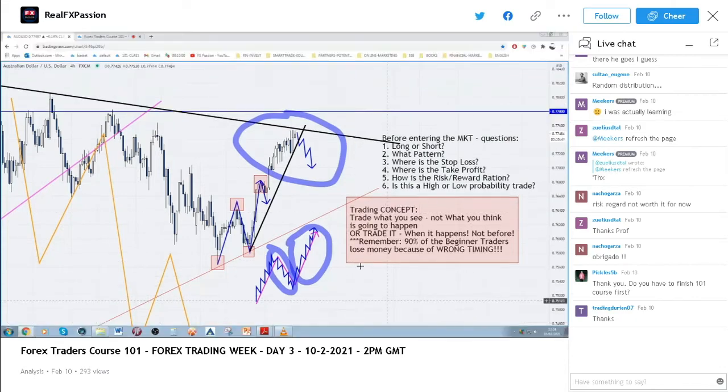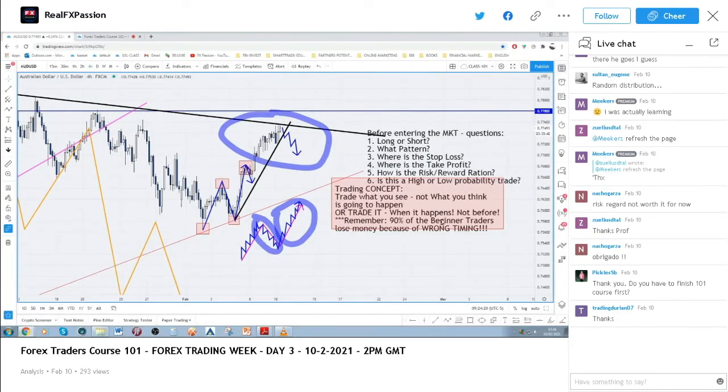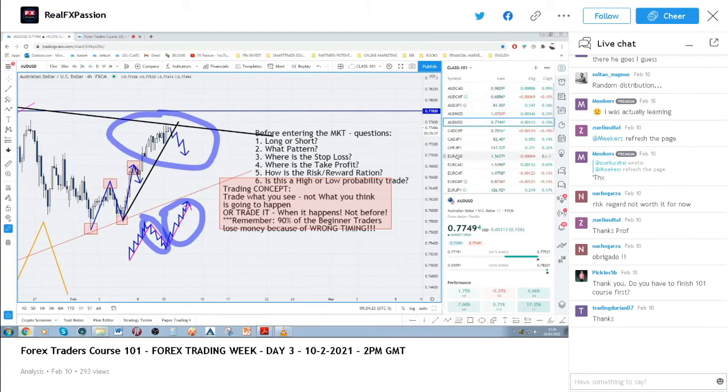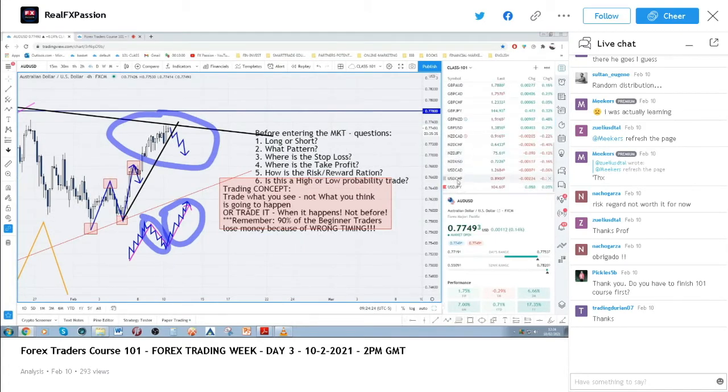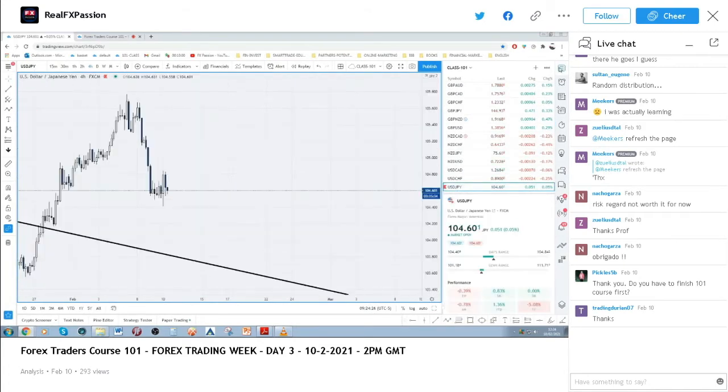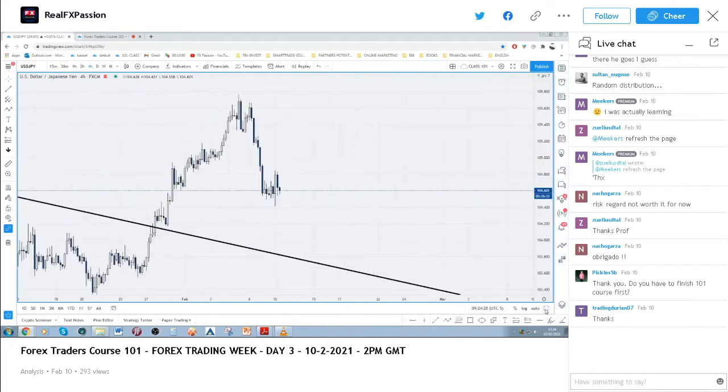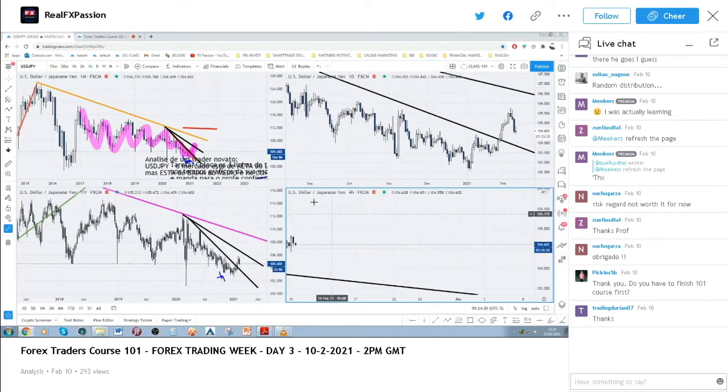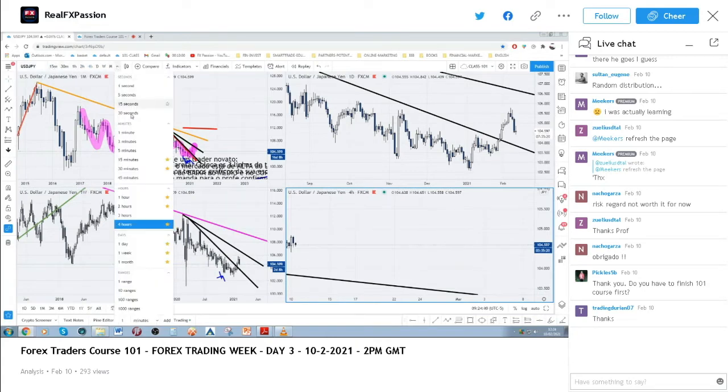Mikers, let's go on USD JPY. USD JPY, double click. Okay, and let's go on the, well, I don't have the 5 minutes. I have the 15 minutes. 5 minutes. Let me see. Oh, 5 minutes.